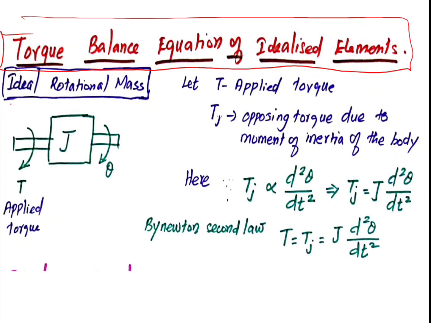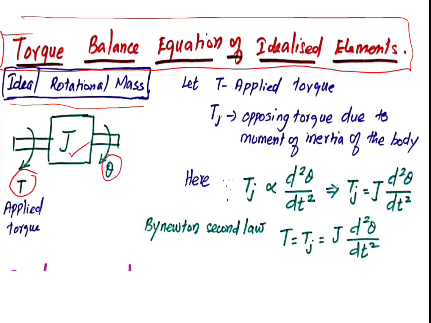First one is the ideal rotational mass. This is an ideal rotational mass, a mass element, and a torque is applied. Because of the torque, the mass element will rotate, and the rotation is recorded as theta.